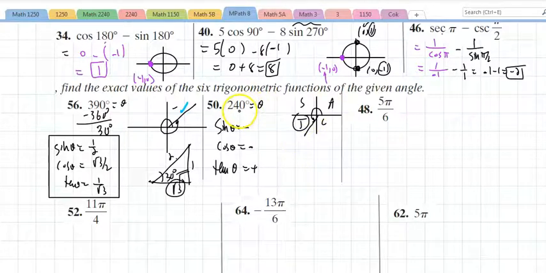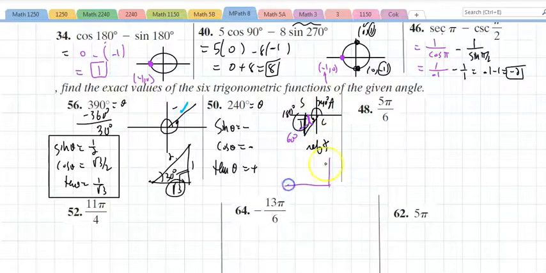That's really simple. If you take this 240, what's the reference angle? The reference angle will give it away. The reference angle runs to the x-axis. If this is 240 and this is 180, what does that leave this with? From 180 to 240, isn't that 60 degrees?